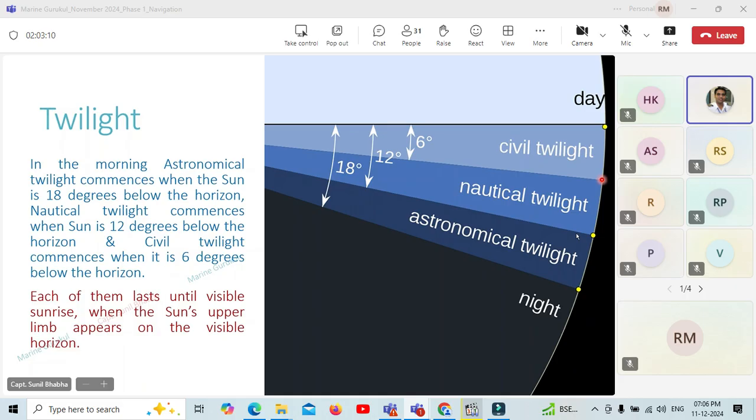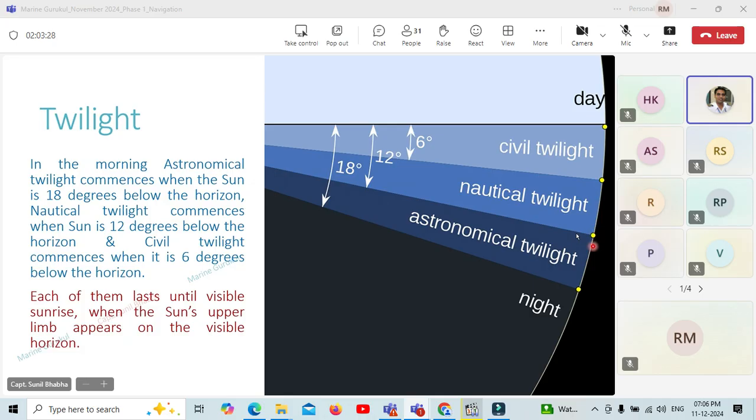The suitable period for sight taking starts at the commencement of nautical twilight in the morning, and remains up to the commencement of civil twilight in the morning. Now, why is this period suitable to us?